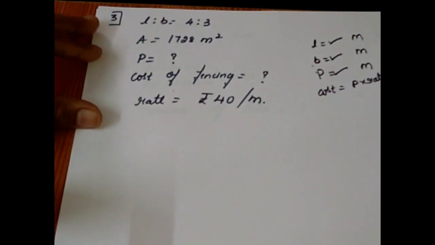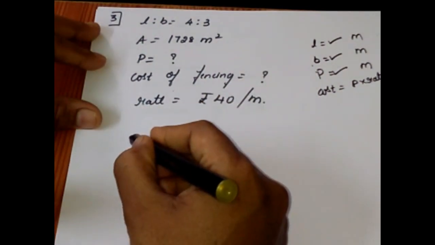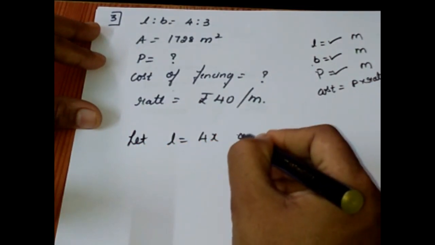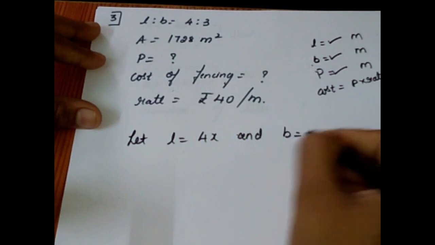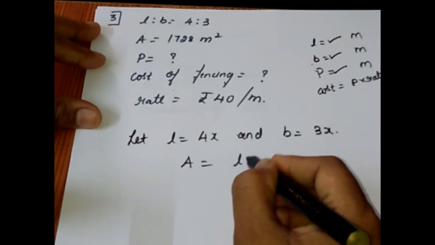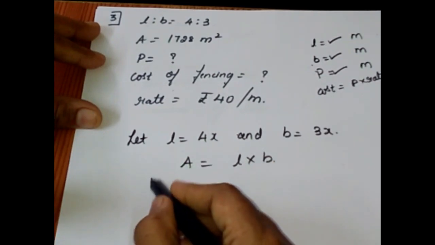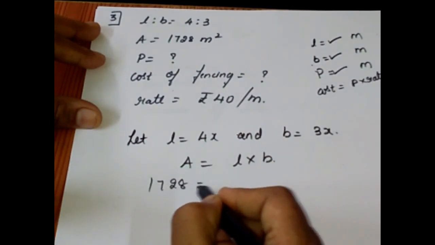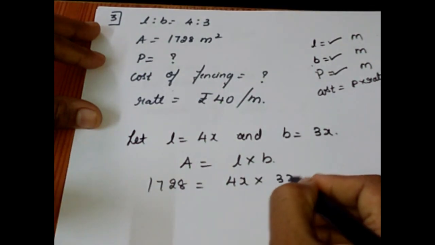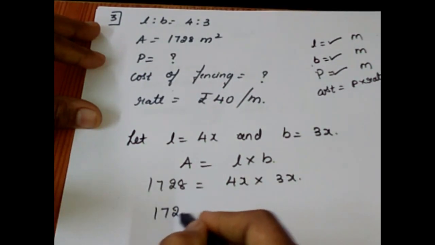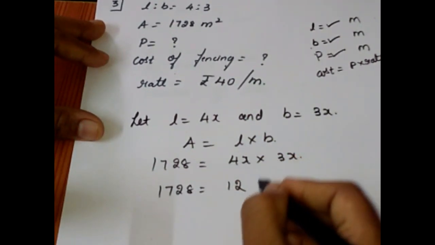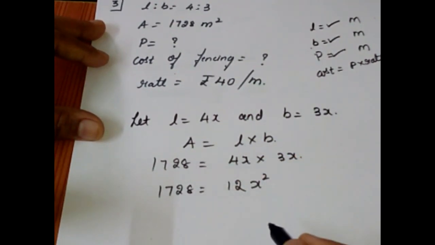So as it is given in ratio, you know how to start. So let L is equal to 4x and B, breadth, is equal to 3x. Area is length into breadth. 1728 is equal to 4x into 3x. 1728 is equal to 4 3s are 12, x into x, x square.